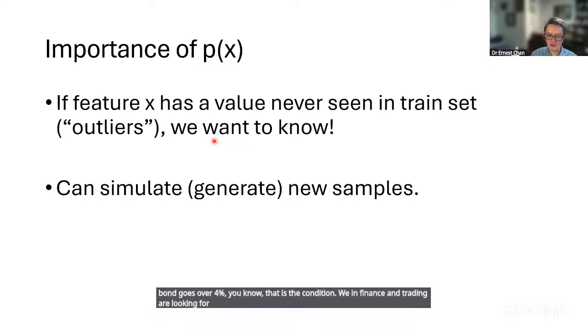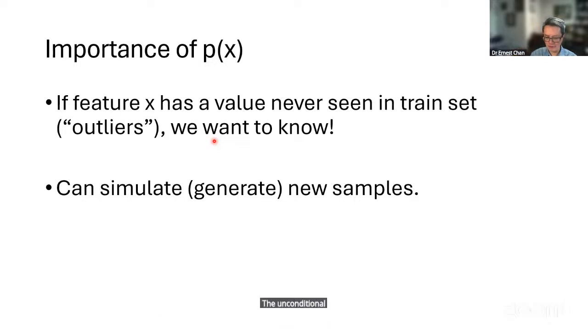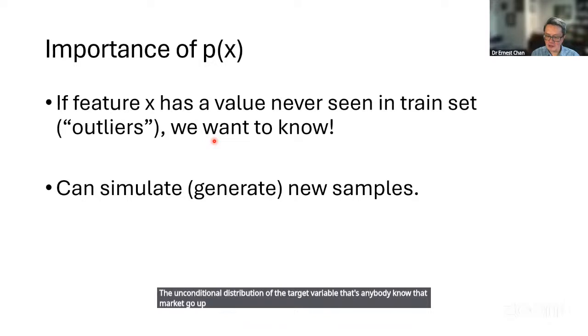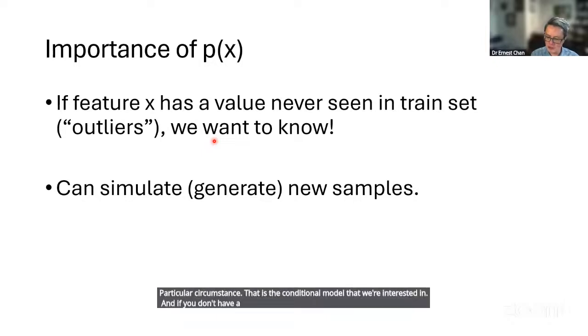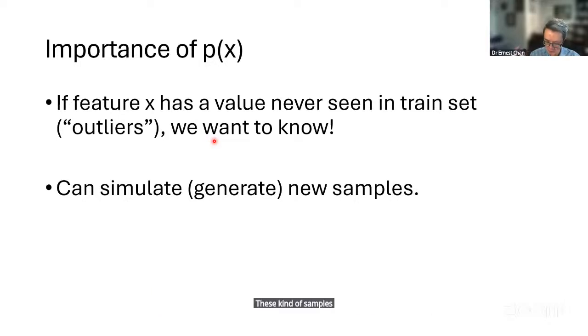We're not just looking for the unconditional distribution of the target variable. Anybody knows that the market goes up forever. But what about this particular circumstance? That is the conditional model that we're interested in. And if you don't have a distribution of X, you cannot generate these kinds of samples that are regime appropriate, that are environmentally aware.